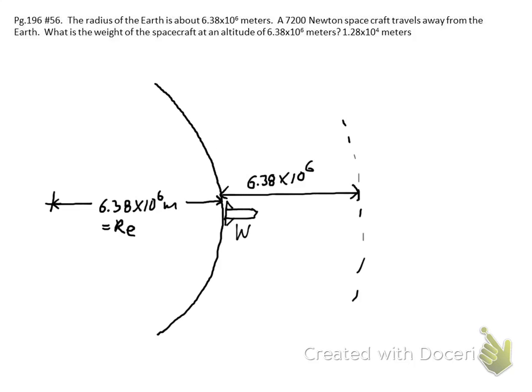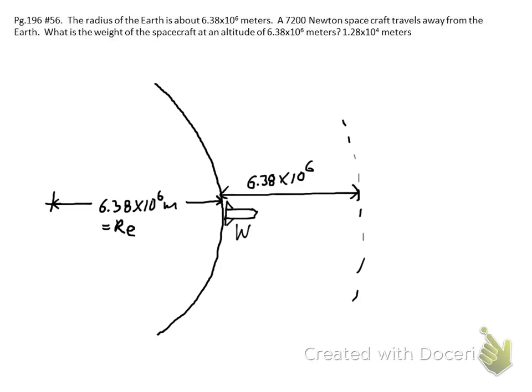So think about the inverse square law. If I double the distance, what does that do to the force of gravity? Think of all of our discussions on how the force of gravity diminishes. When I double the distance, it doesn't halve the force. It quarters it. Okay, that one was fairly easy.